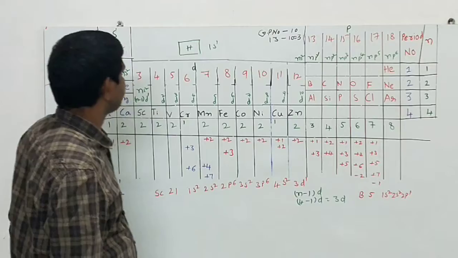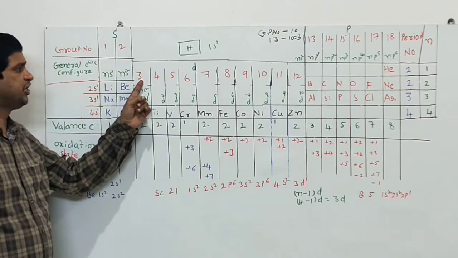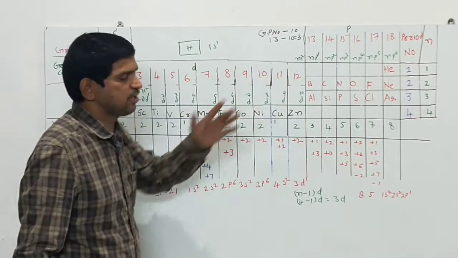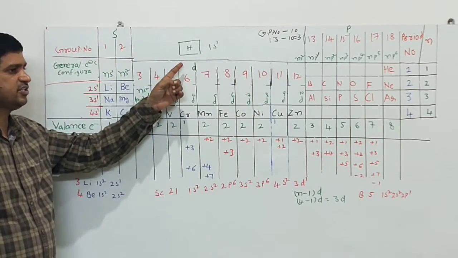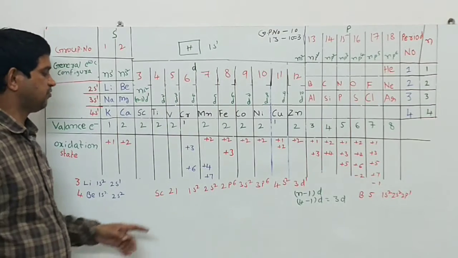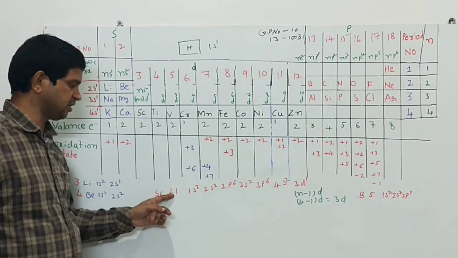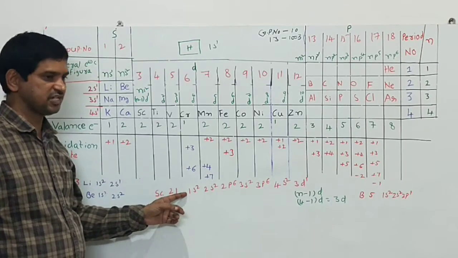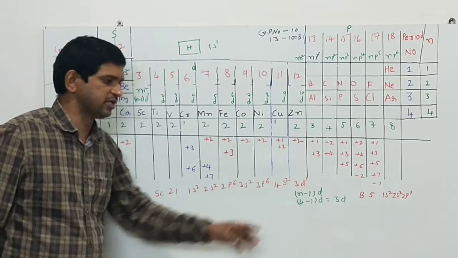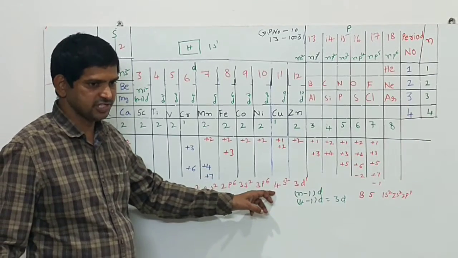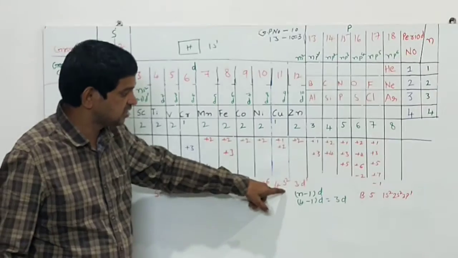Okay. Now D block elements: group numbers 3 to 12 form D block elements. In this, the differentiating electron enters the D subshell. First we see the electronic configuration of scandium. Scandium atomic number is 21. Electronic configuration 1s2, 2s2, and so on, see here 4s2 and 3d1. 4 is the valency shell, but the differentiating electron is entering n-1 d.